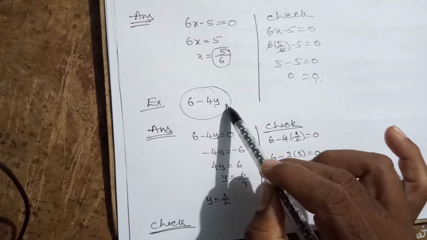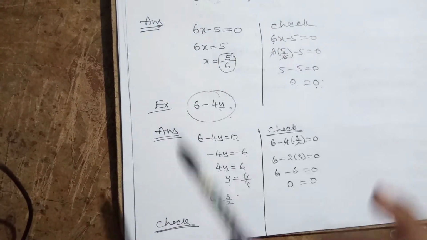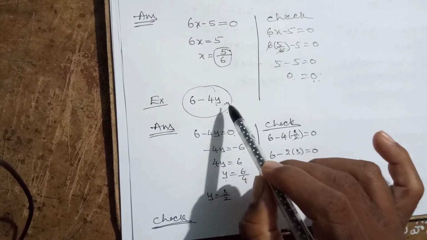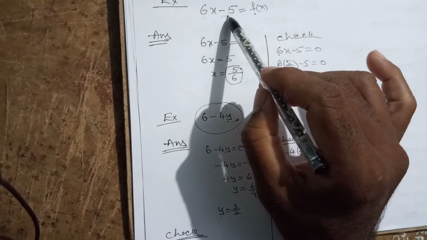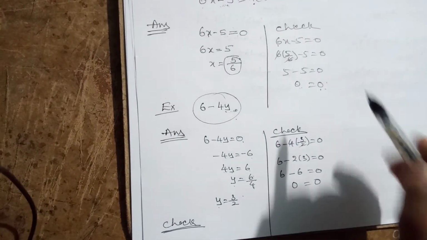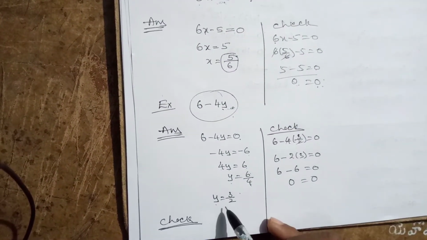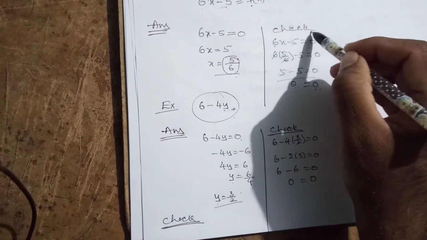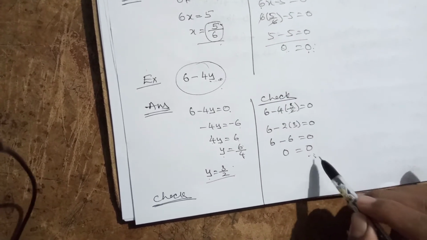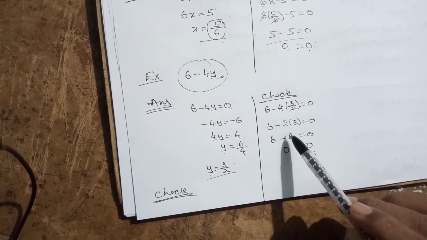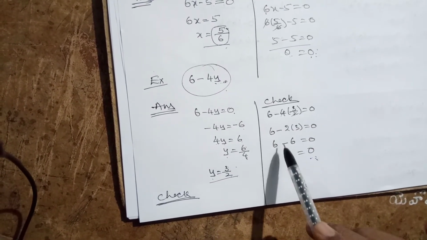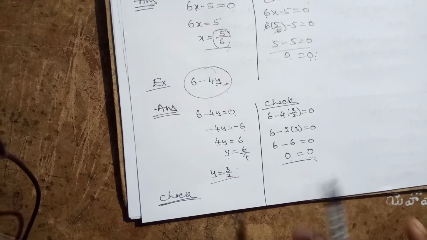At what value of y this polynomial becomes 0, at what value of x this polynomial becomes 0, that value we are finding here, and we check whether it is coming to 0. This is the second question, second answer, and this is the check for this one. When this polynomial becomes 0 at 3 by 2, so substitute 3 by 2, you can get 0.